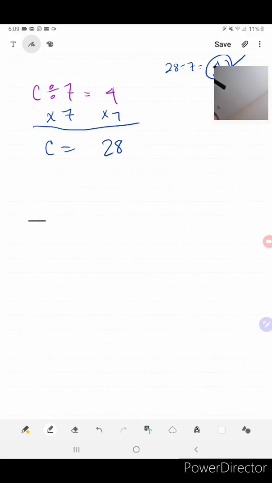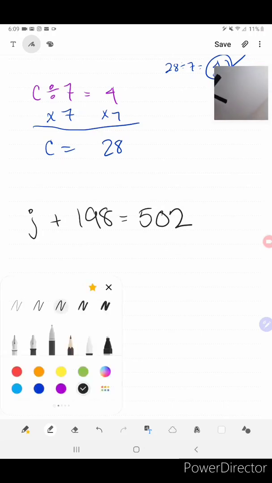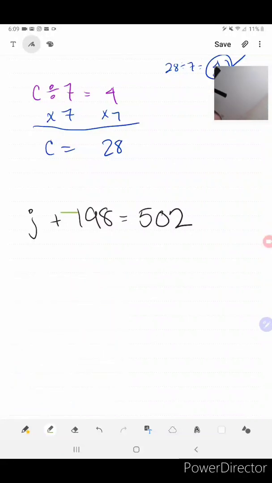have it repeated. Let's say the variable can be any letter. So let's say j plus 198 equals 502. Actually, I'll use bigger numbers because it works with big numbers too. What's the opposite sign of plus?